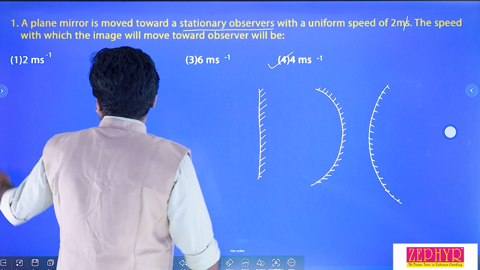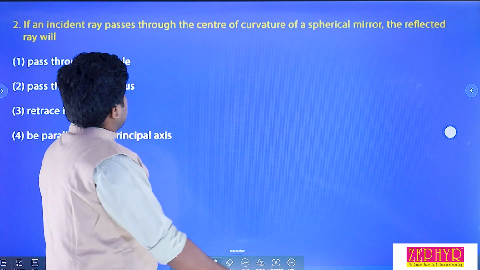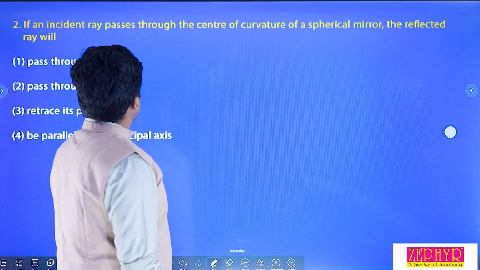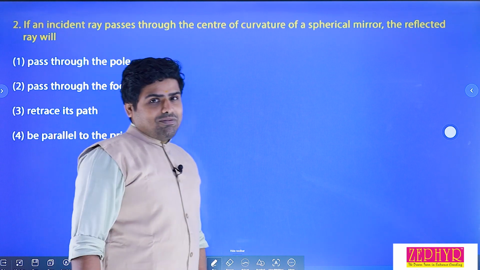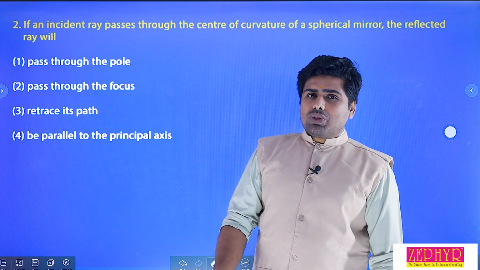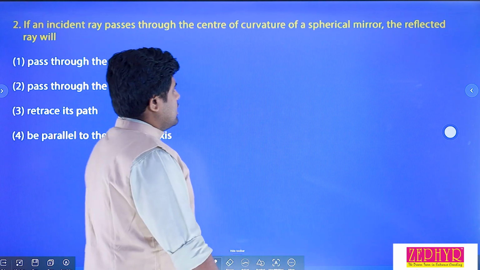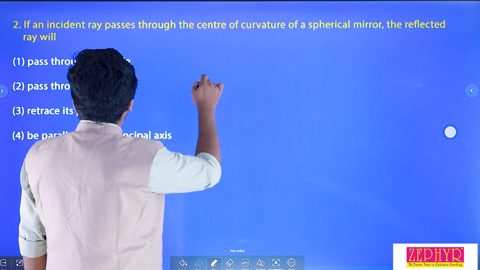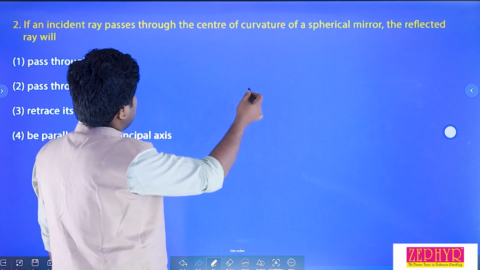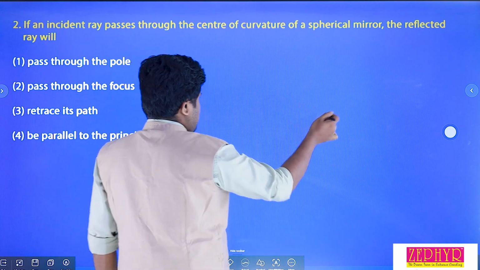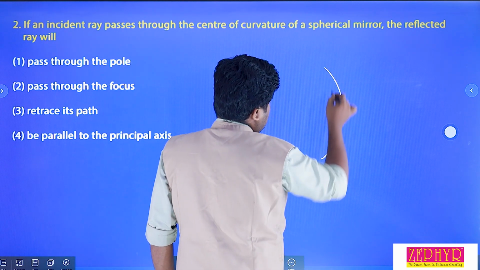Now, if an incident ray passes through the center of curvature of a spherical mirror, the reflected ray will be... This is related to the law of reflection. Consider a spherical mirror present here.